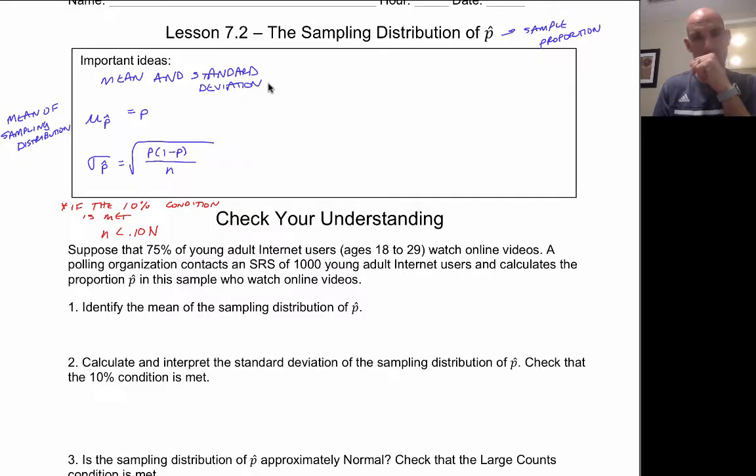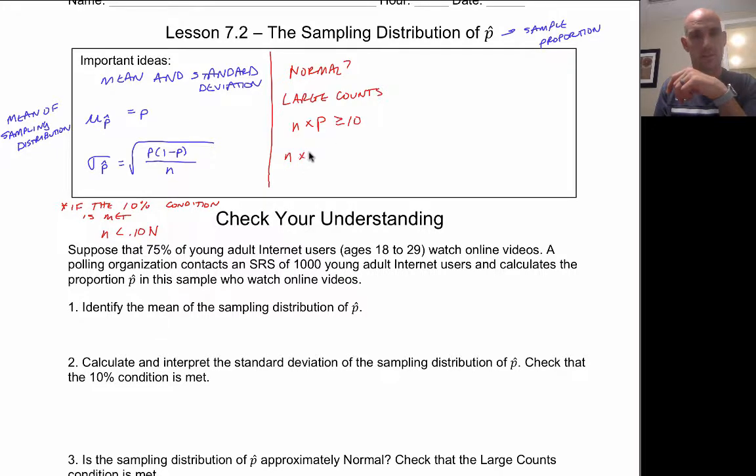Okay, another thing that needs to happen is we need to test if it's normal. So I want to check for large counts. Is it large enough to call it normal? My condition there is: is n times p greater than or equal to 10, and is n times 1 minus p greater than or equal to 10?